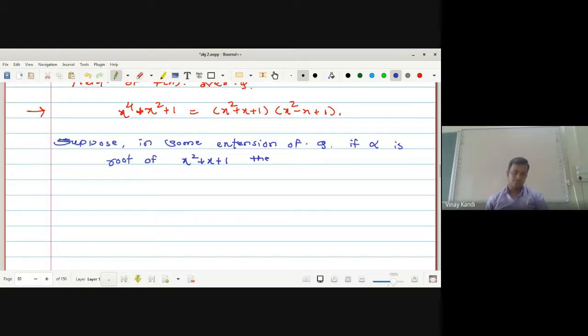Then what do we have? Then minus alpha is a root of x^2 - x + 1 in the same extension.